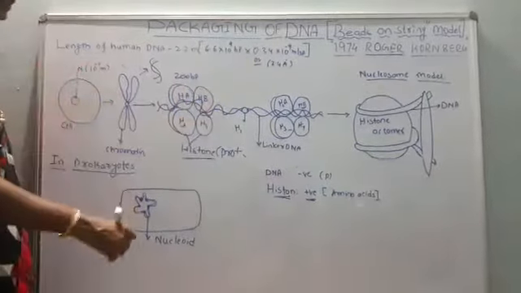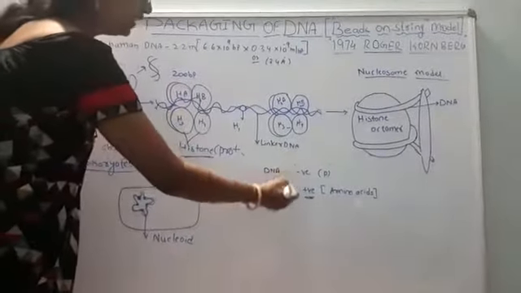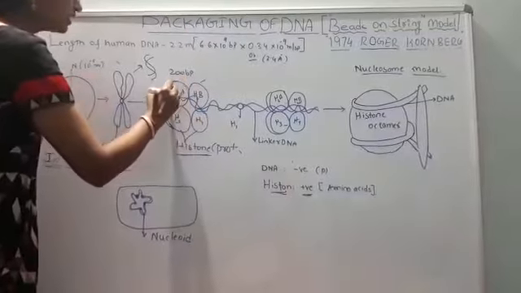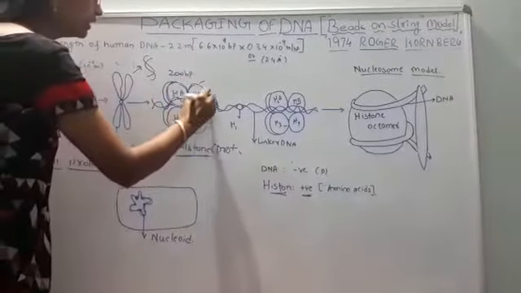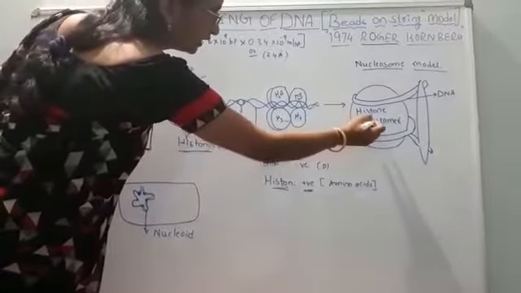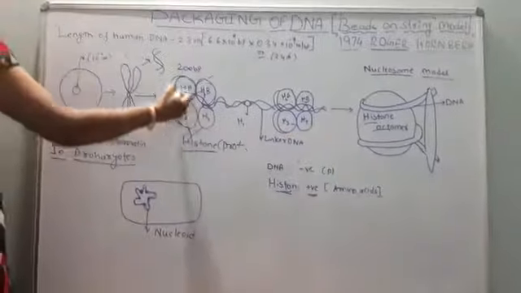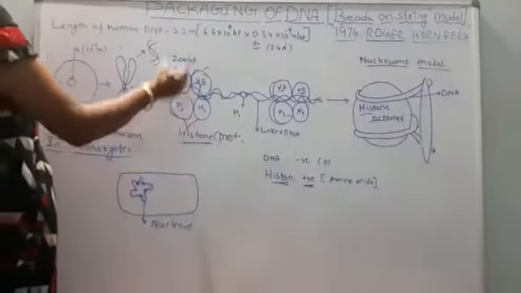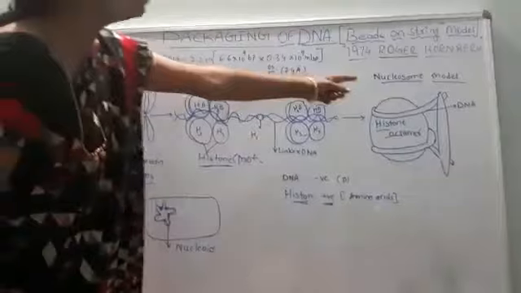Histones are a set of highly organized proteins. They are organized into a structure known as the histone octamer, also known as the nucleosome. Let us understand the meaning of a nucleosome.